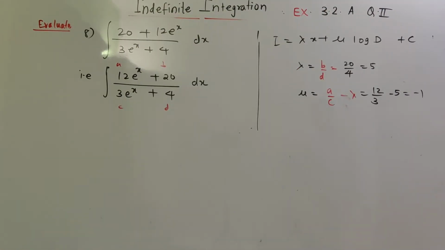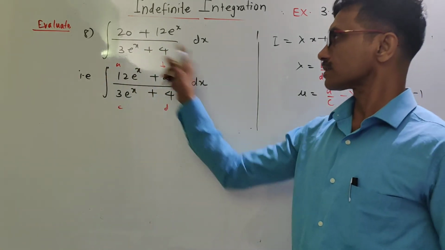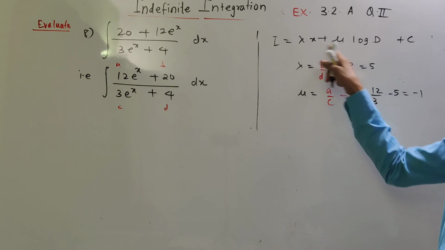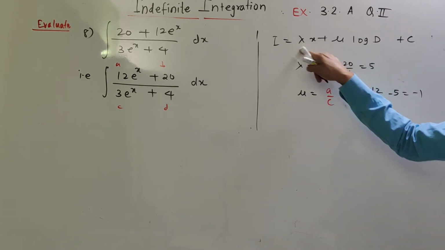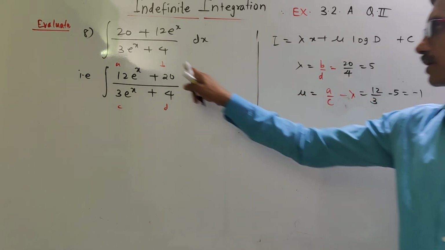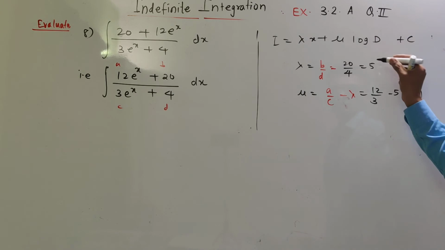Question number 8. Again it is of the form a e raised to power x plus b upon c e raised to power x plus d. So we can evaluate it by the shortcut method like this: lambda x plus mu log d plus c, where lambda is b upon d. This is your b, this is d. So b upon d will give us 5. This is our lambda.